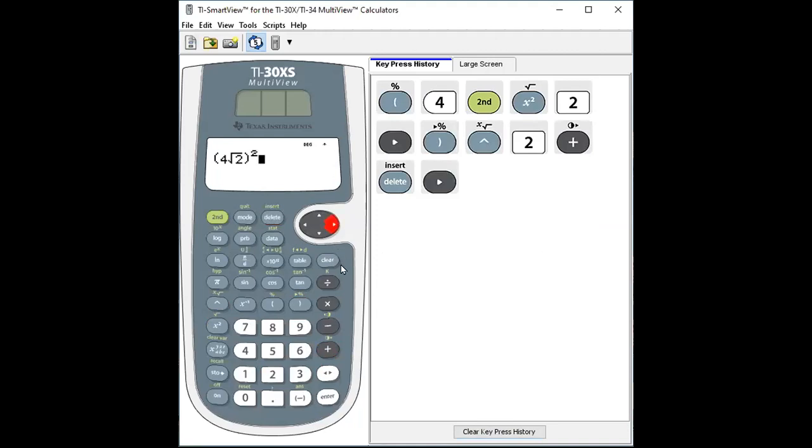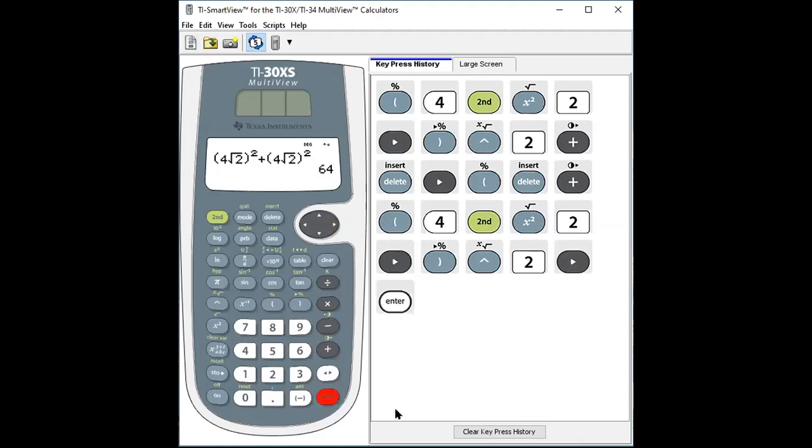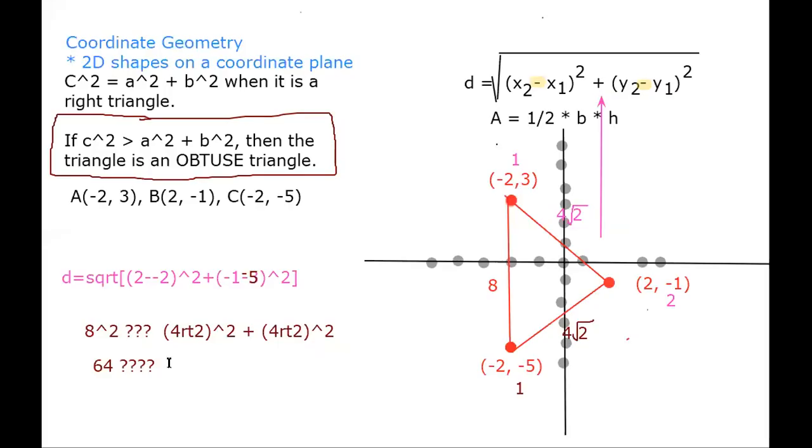Directional pad to the right, plus, left parenthesis, 4 second root 2, directional pad to the right, right parenthesis, up arrow 2, directional pad to the right to get off the exponent line, 64. Was it greater than, less than, or equal? It's equal. Both of them are 64.